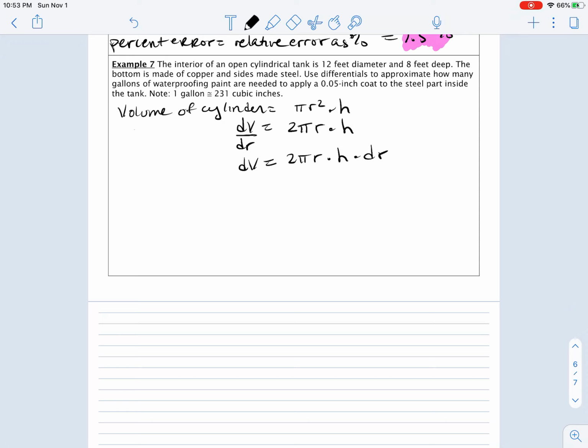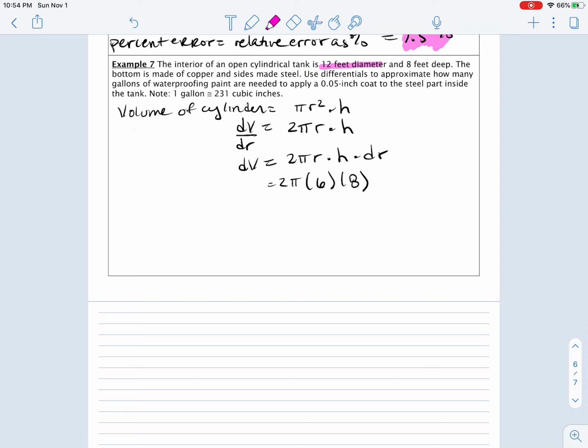Good. And if we were to plug in, what is our radius? If our diameter here is 12 feet, our radius is going to be 6 feet. And so we're going to get 2 pi times 6. Our height is 8.